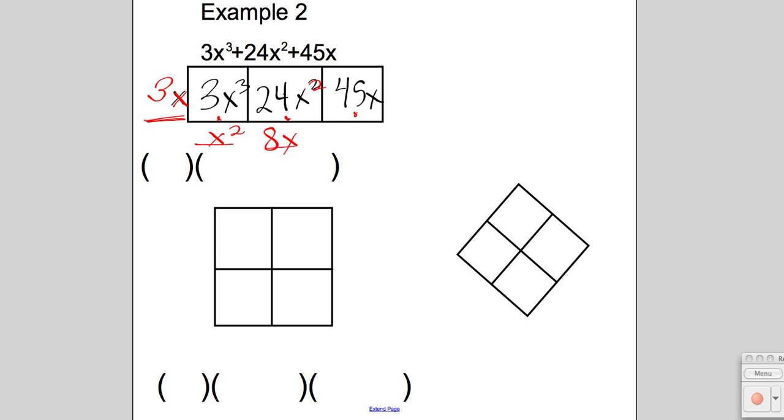So it's going to be 8x. And then I do the last one. 3x times something gives me 45x. 3x times 15. So at this point, I factored out a 3x, and I've rewritten my expression as 3x times x squared plus 8x plus 15. This is equivalent to the original expression.